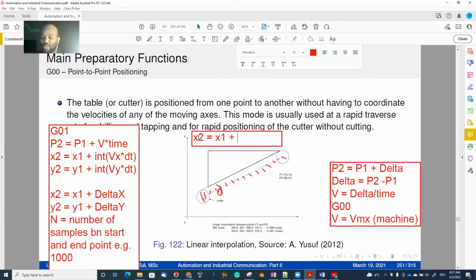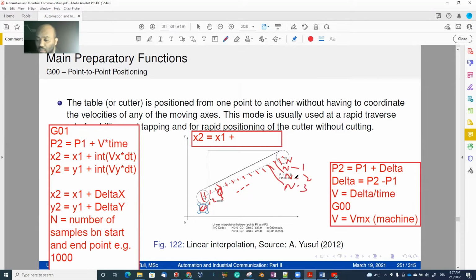Assume initially it is 0, here it is 0, here it is 0, then 1, 2, 3, up to n. Here n minus 1, here n minus 2, here n minus 3, here 0.